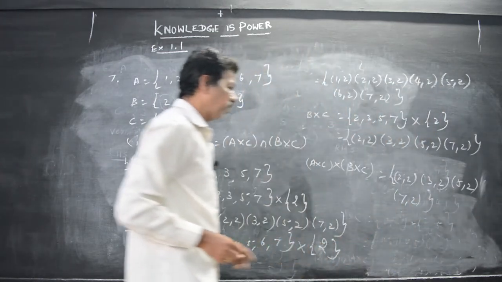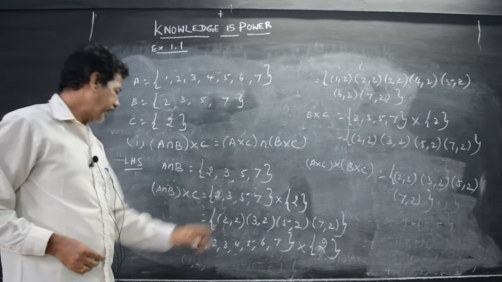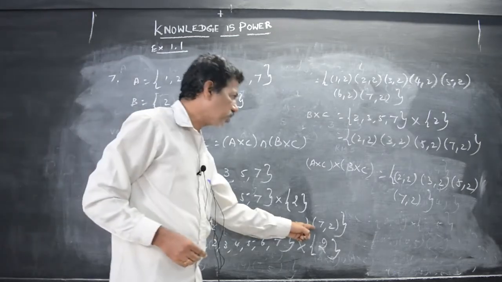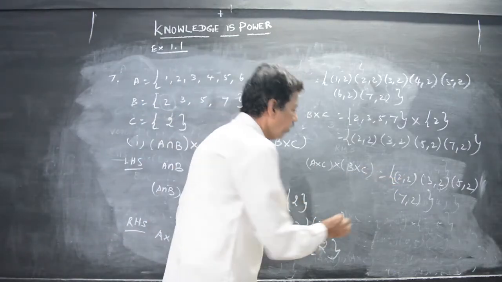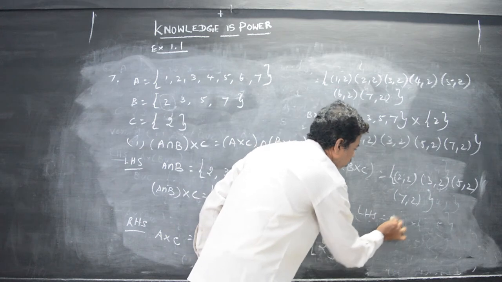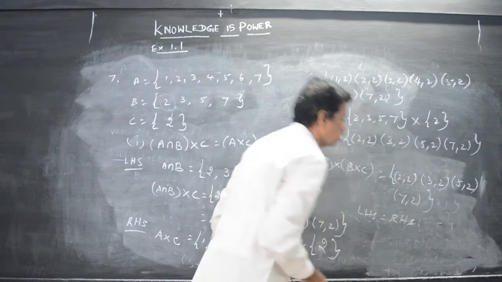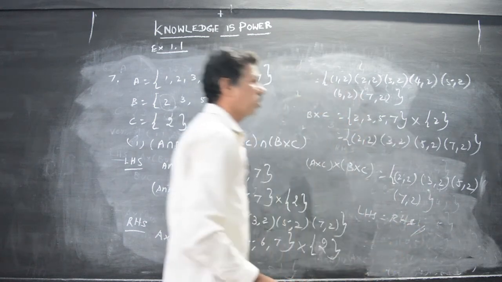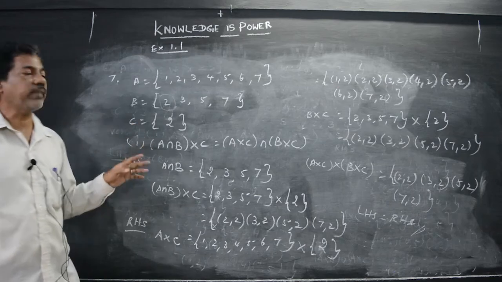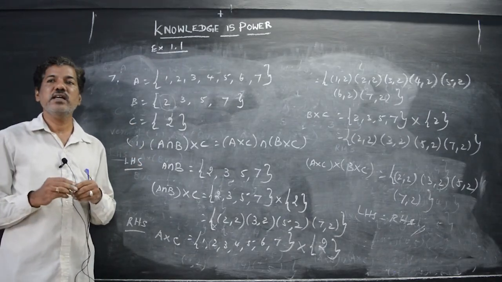So that's all. If you check that, the left hand side and right hand side are the same. So this answer and this answer are the same. LHS equal to RHS. One of the sums I have proved, the 7th, the first sum I have proved. You can proceed with the second sum.